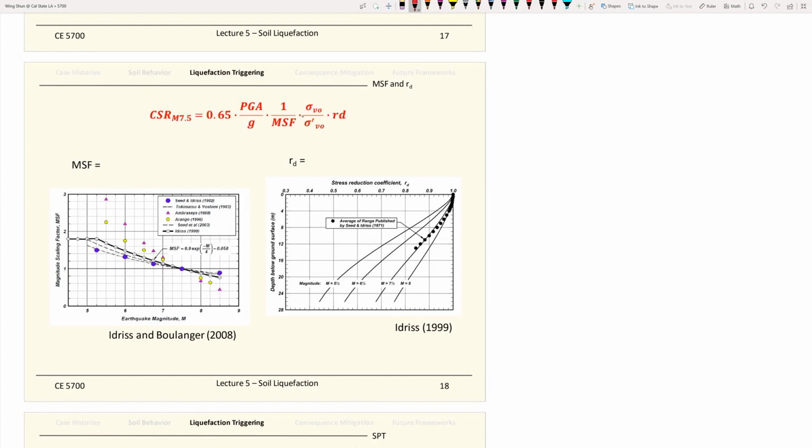And the 0.65 there is to correct for the peak ground acceleration, because it would be too conservative if you just took the maximum loading amplitude from our ground motions. So there are a couple of correction factors to come up with. First, let's talk about the MSF, which stands for the magnitude scaling factor.